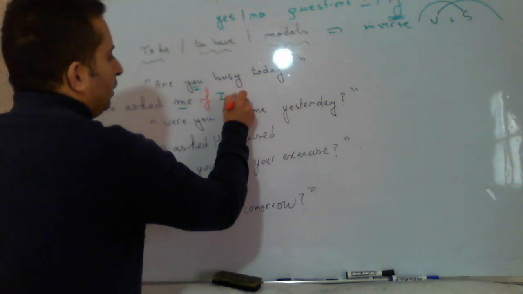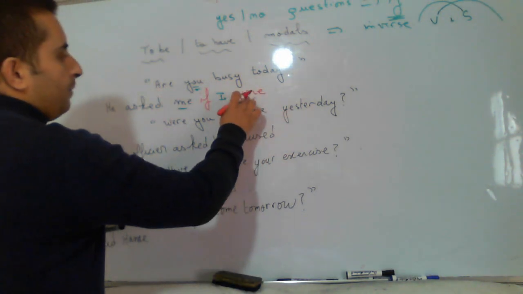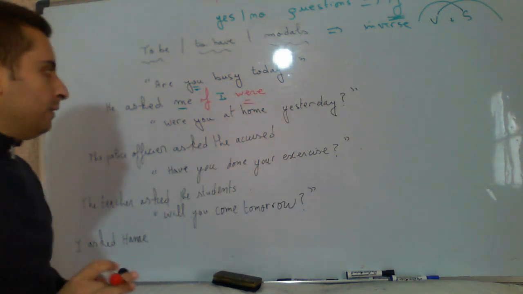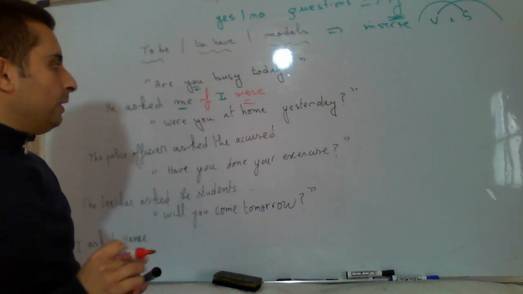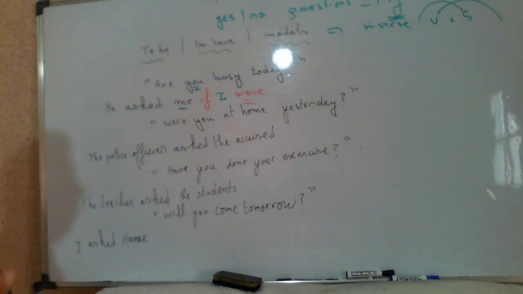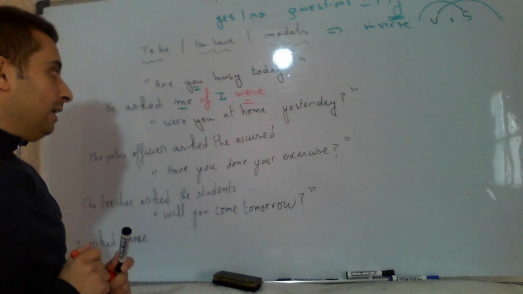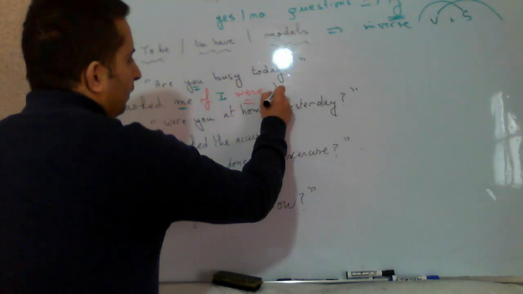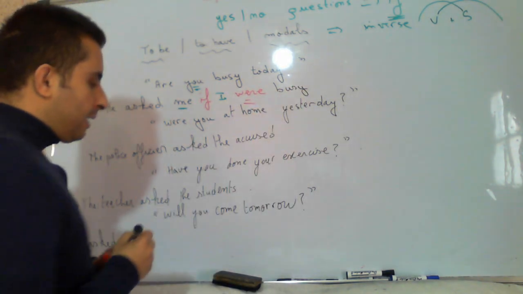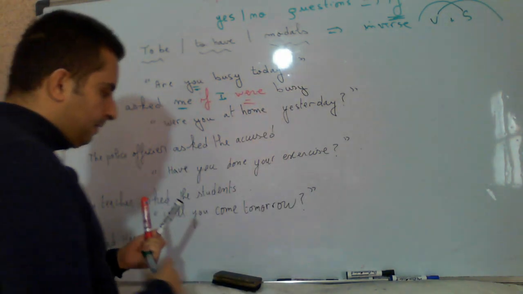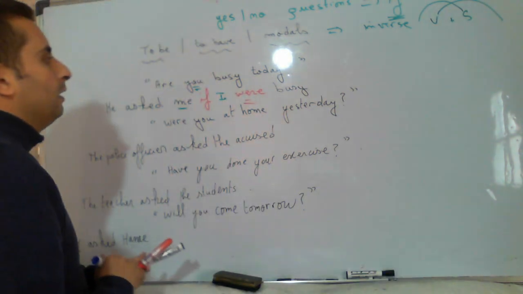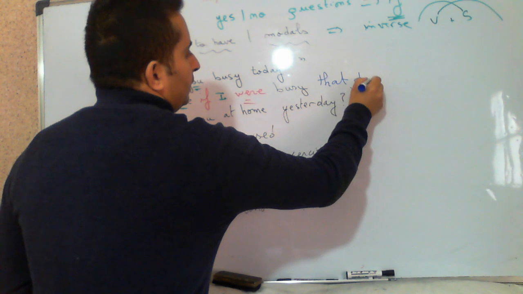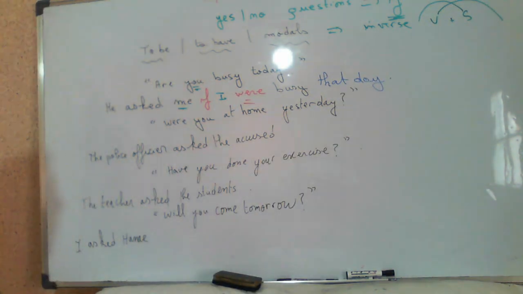If I were. It's accepted to use was, but what is used now? It is were. With if we use just were. We say if I were, if you were, if he, she, it were. We don't use was with the verb to be. If I were busy today, it becomes that day. Today is an expression of time, it changes. Okay, you still remember?